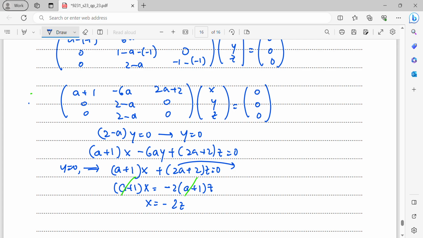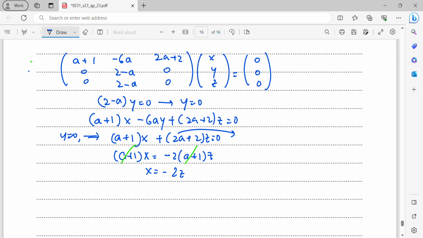Okay, so I will get my eigenvector. Now you see the x is already found. X depends on z. Alright, so that means I let my z be, just now I used t and s, now I use u. That means my x is going to be minus 2u.